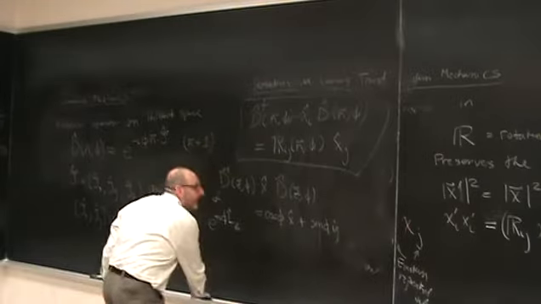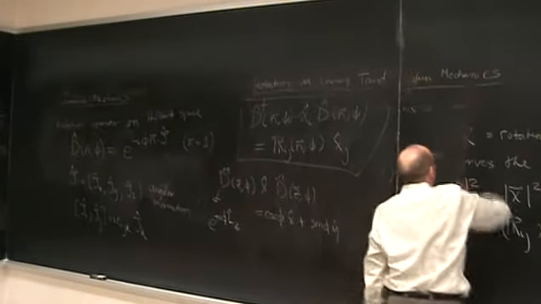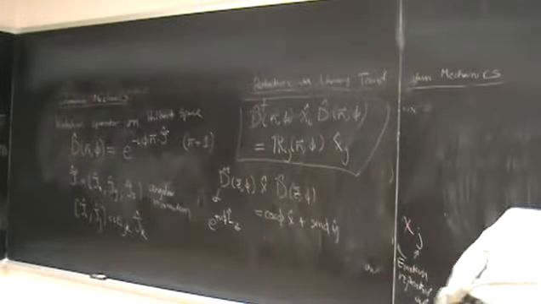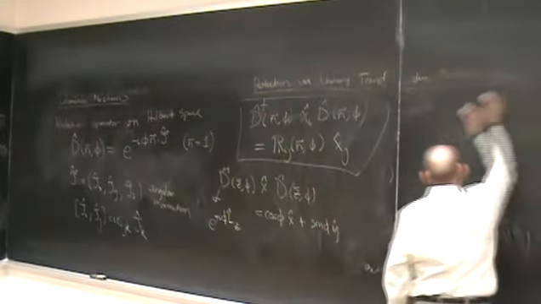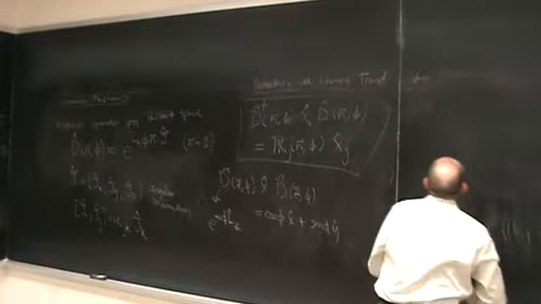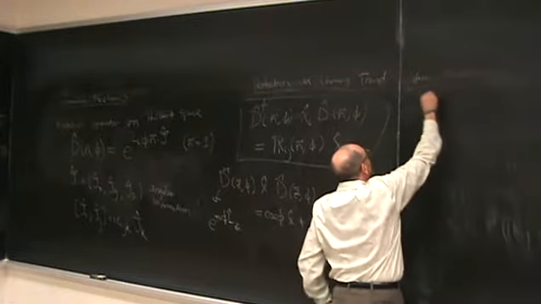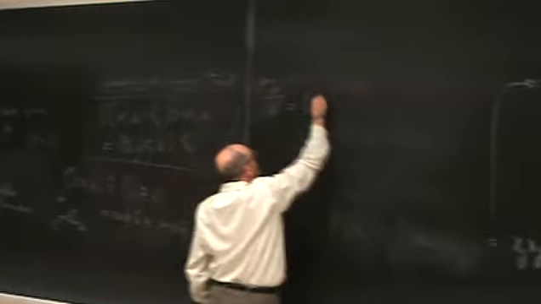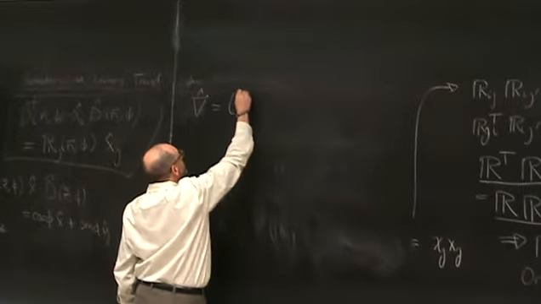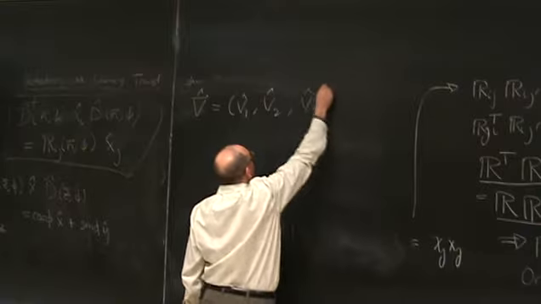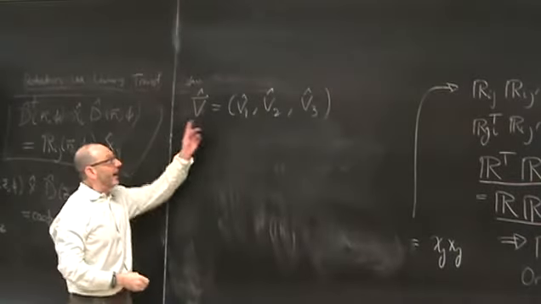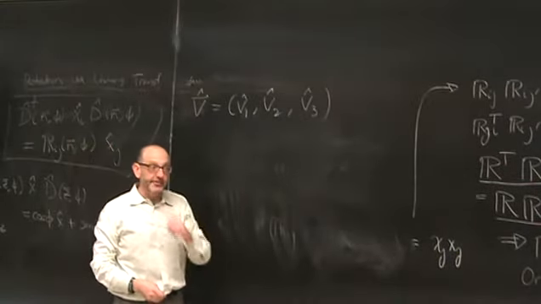And generally speaking, we could say the following. We define a vector operator in 3 spatial coordinates as a set of 3 operators.